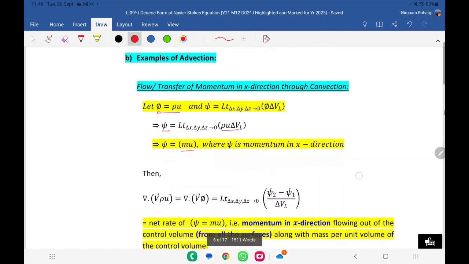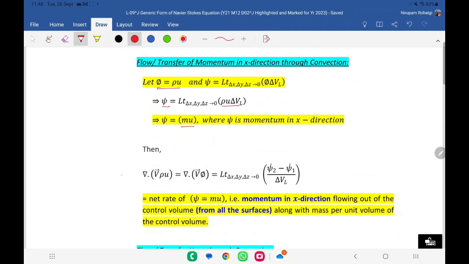So what does this mean? If you write this equation, it will be equivalent to this, right? And if this is the case, psi will be equal to mu.